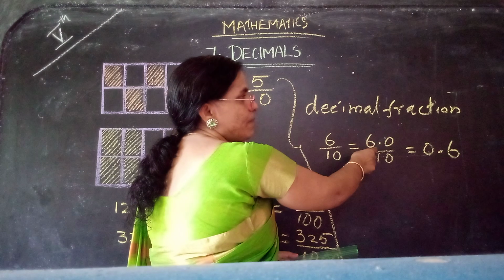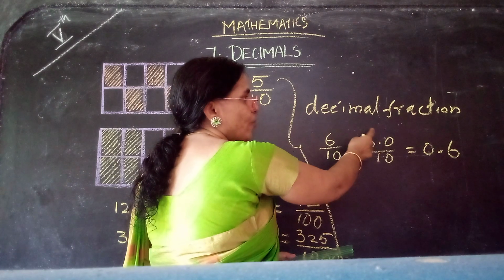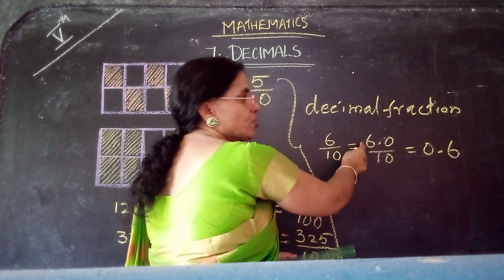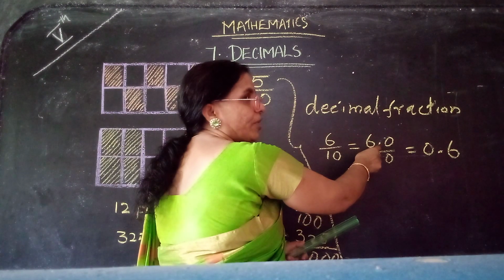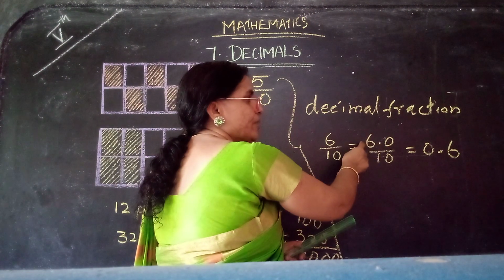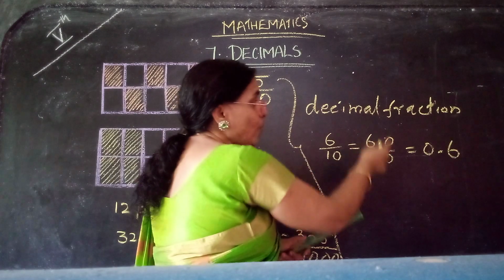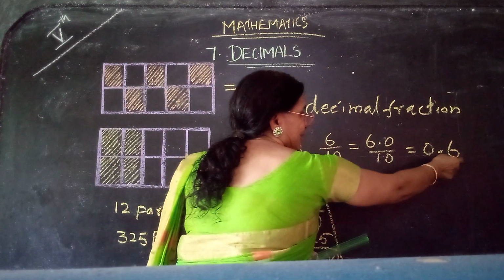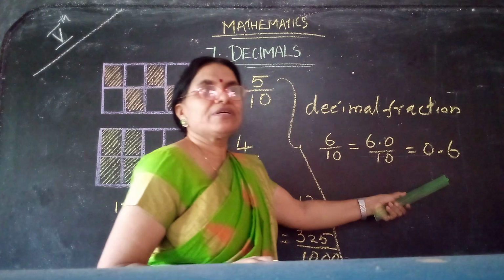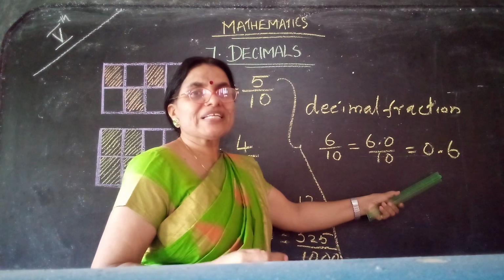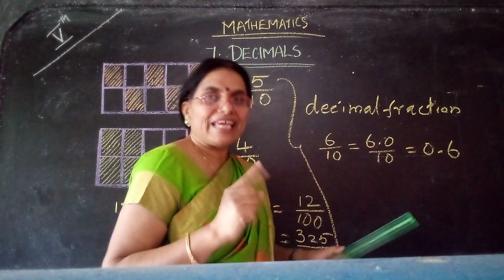Now, the decimal point is going to jump to the left side one time. So, the decimal is here. How can you write this number? 0.6. Is it interesting? Yes.